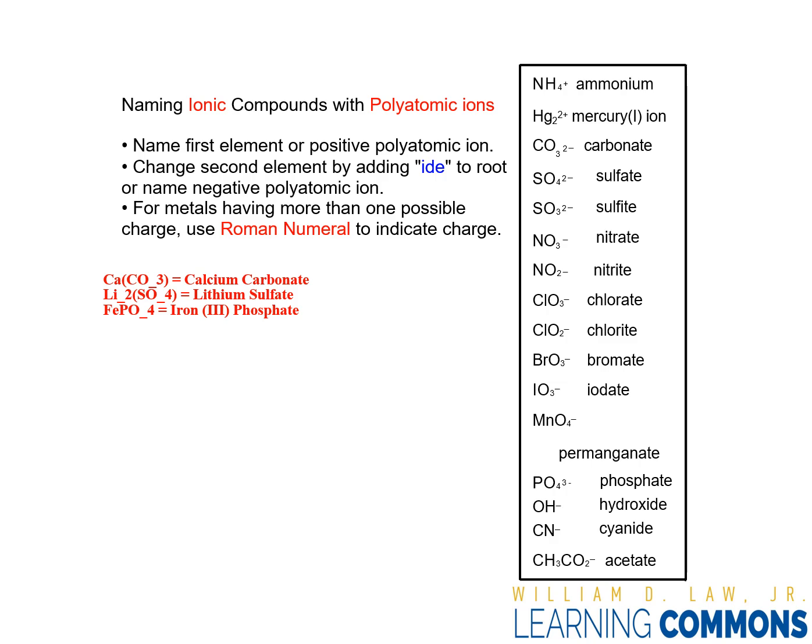The carbonate, if you see the ending ATE, means this compound has more than two oxygen, an abundance of oxygen close to the center atom of the carbon, and we use ATE.